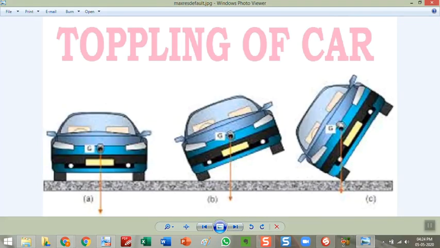So if the car shifts over to an angle where the center of mass, the imaginary plumb line, is past the pivotal point, then the car will fall over, as in the third one. In the middle picture, the car will just fall back on its wheels because the center of mass has not passed the pivot.